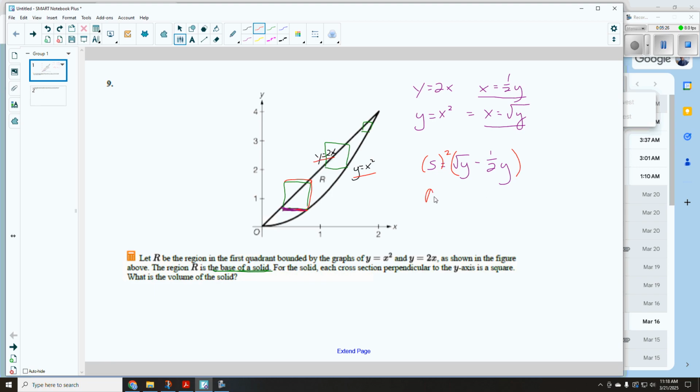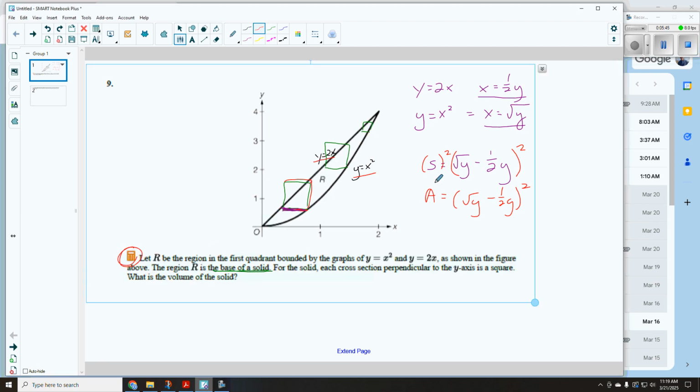So the area is equal to the square root of y minus 1/2 y, squared. And I do not want to FOIL it out because, as you'll notice, this is a calculator problem, so I'm not going to need to do much arithmetic.